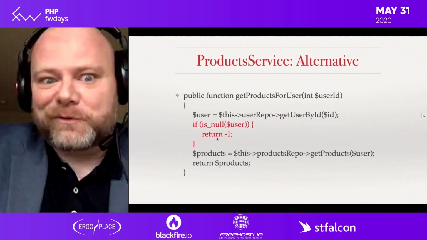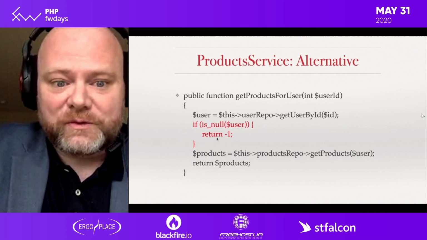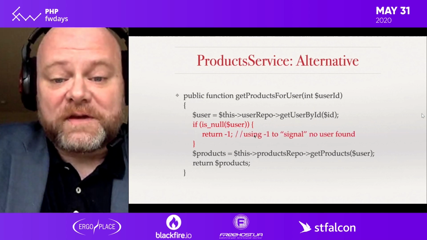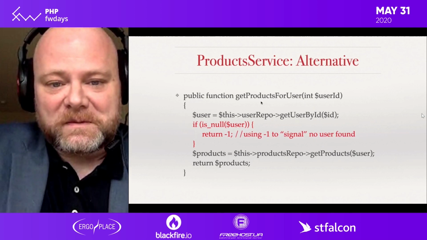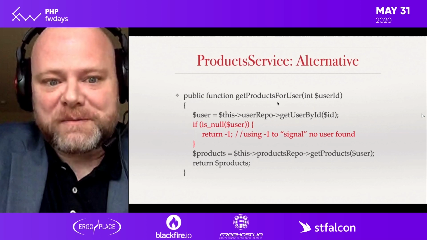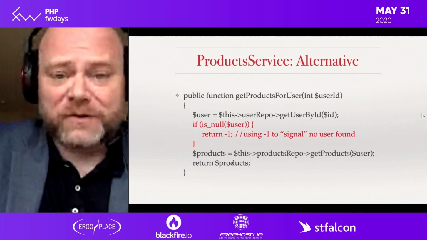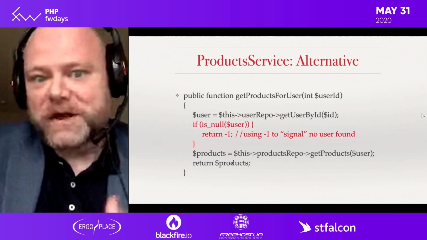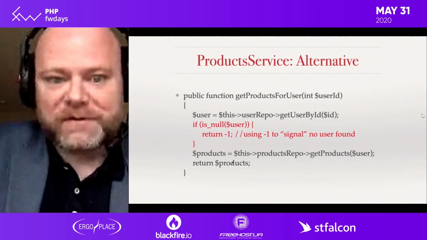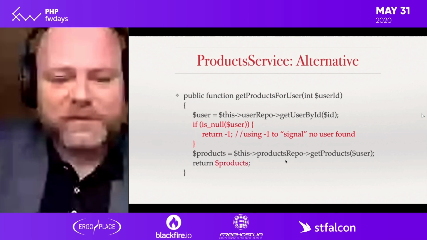I could return -1, right? That's weird, but yeah, I could return -1. So I'm using -1 to signal the fact that no user was found, right? So if my get products for user method returns -1 instead of an array of products, that's how I'm telling anything upstream of get products for user that I could not find a user.